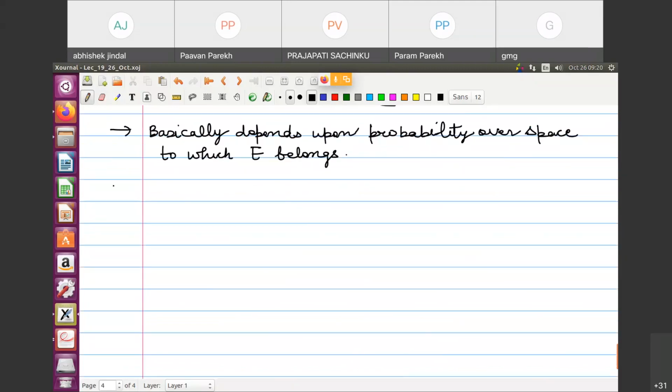So for example, let us take an example. Suppose that the noise source has a Gaussian distribution.